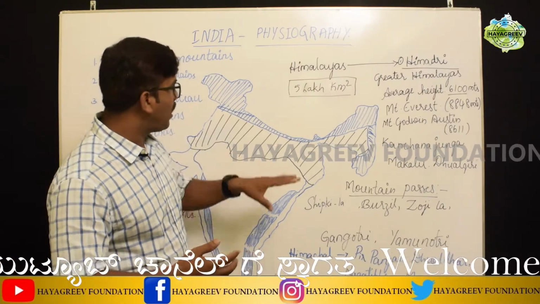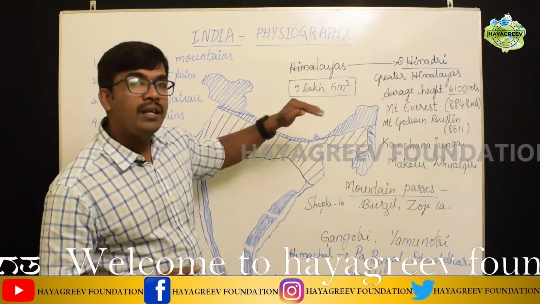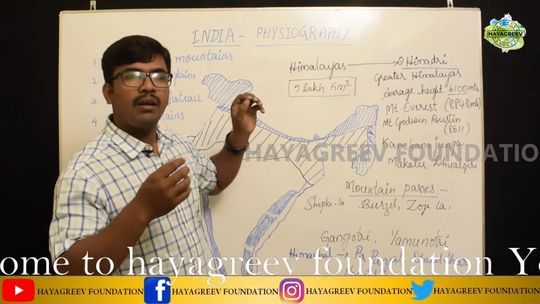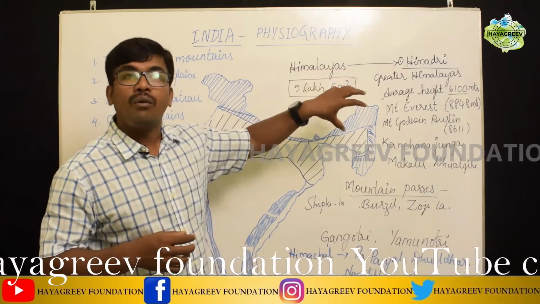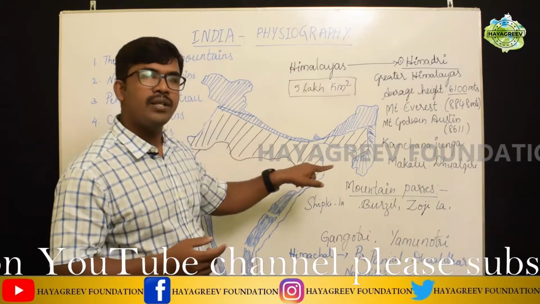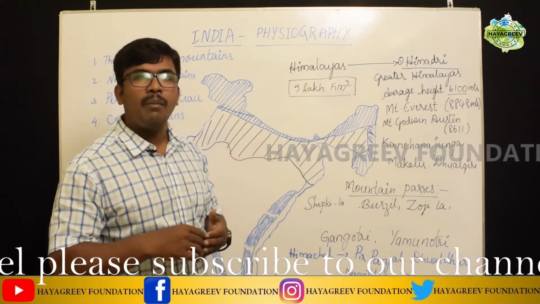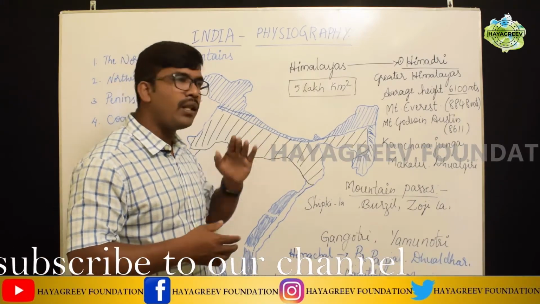The Himalayan ranges also check the rain bearing winds and cause heavy rainfall in this region, so agriculture is also possible here. Many medicinal plants are also found in this land.